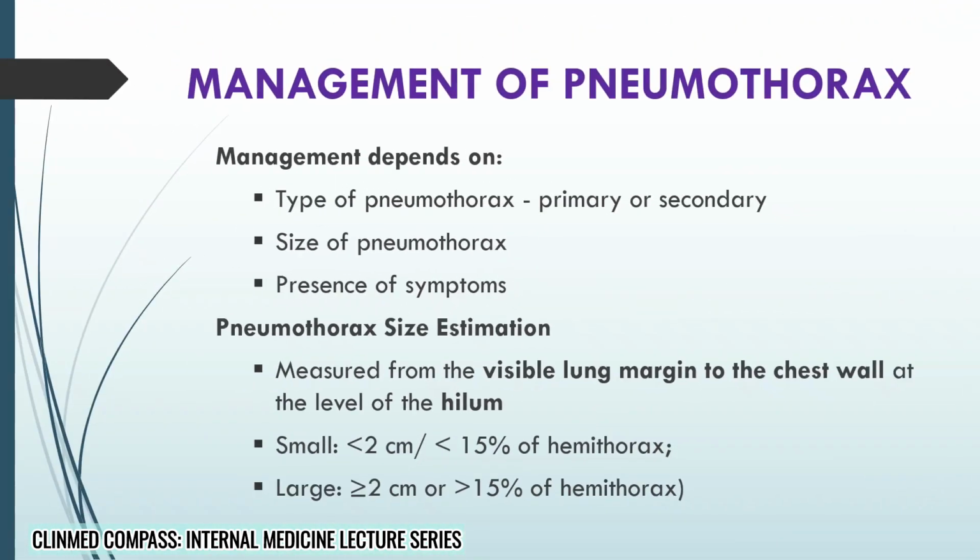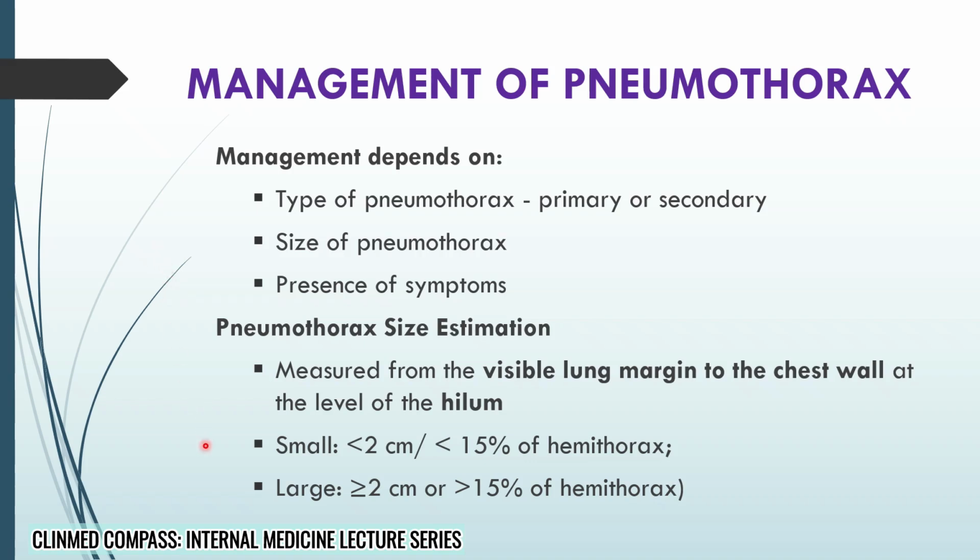Management of pneumothorax. Management depends on the type of pneumothorax. Is it primary spontaneous, or secondary spontaneous, or traumatic? It depends on the size of the pneumothorax, small or large, and the presence of symptoms.